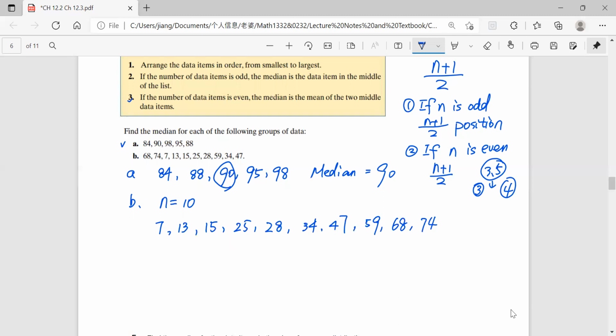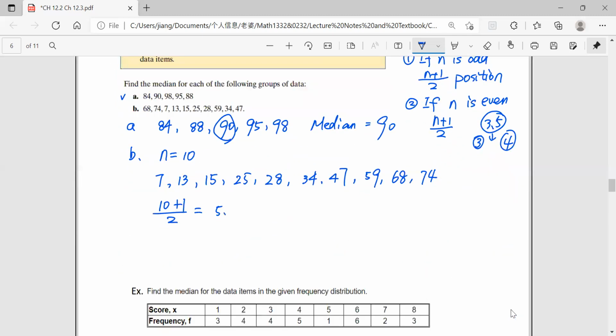So by the given formula here, we have learned that the median can appear in this position. So let's use n plus 1 over 2, with n as 10. 10 plus 1 is 11. 11 over 2 is 5.5. So the median appears between the 5th and 6th positions. So let's see which is the fifth position: 1, 2, 3, 4, 5.